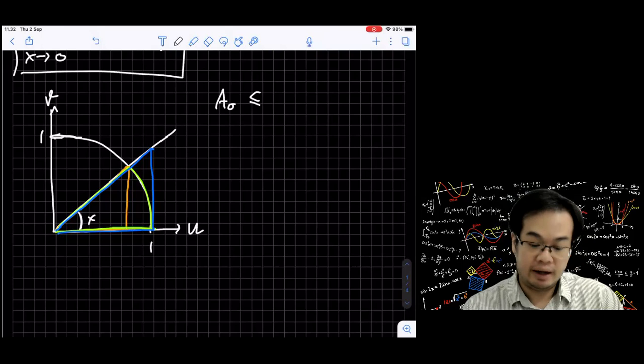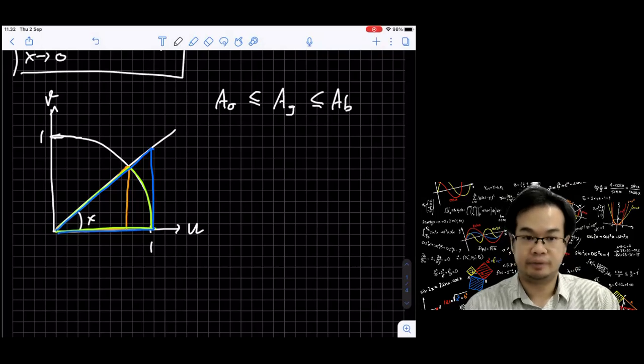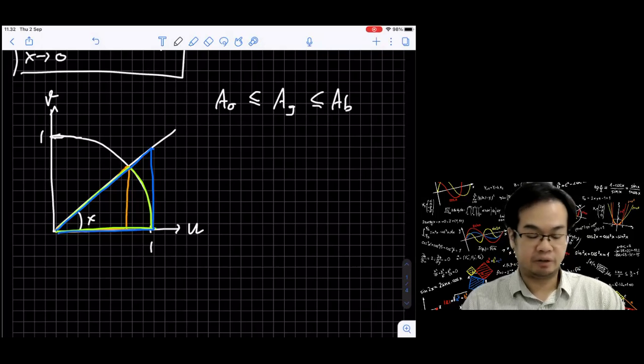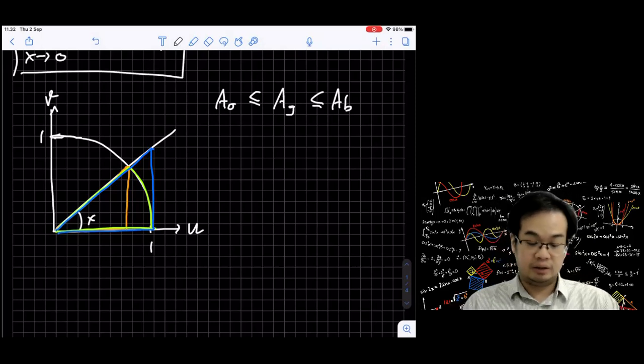The area of the orange one will be less than the area of the green one, and the area of the green one will be less than or equal to the area of the blue one. So the green one, the sector of the circle, will always be in the middle. The orange one will be the smallest, and the blue one will be the largest.